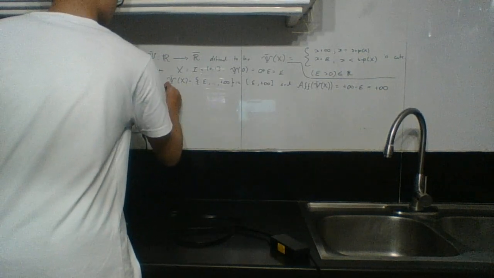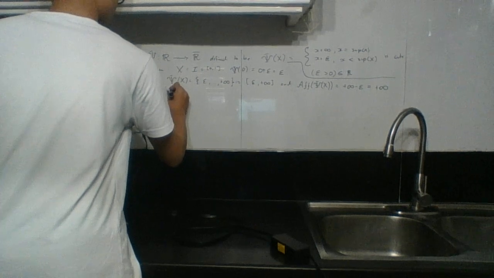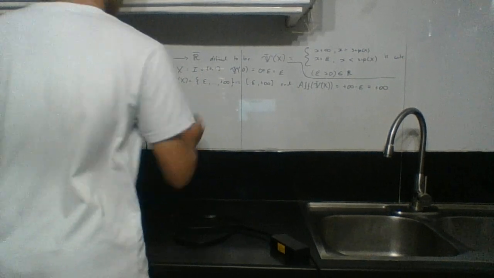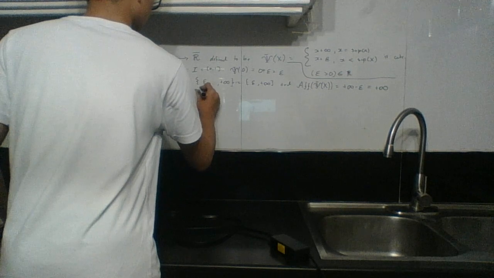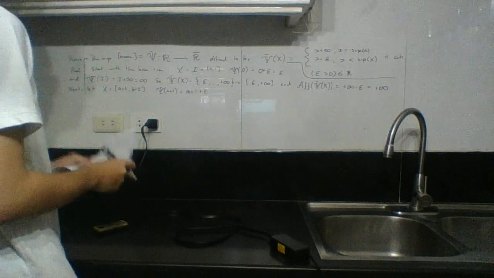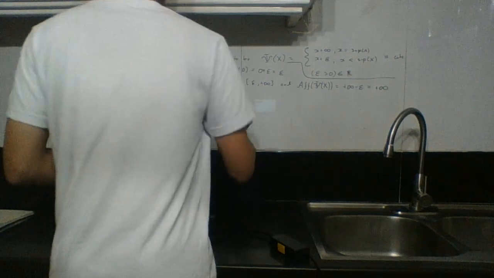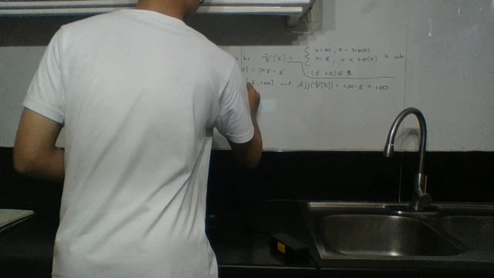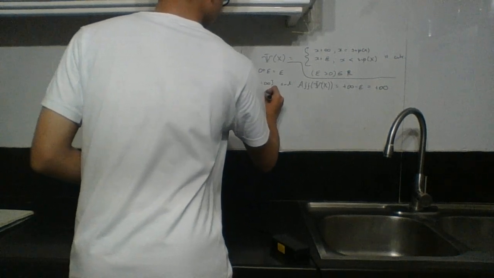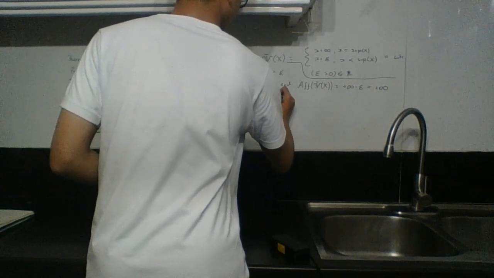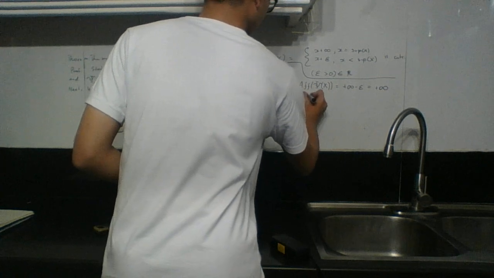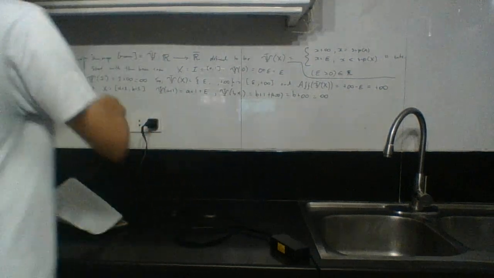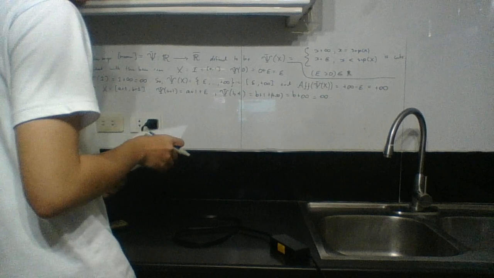So big psi of a plus 1 is equal to a plus 1 plus epsilon, and psi of b plus 1 gives us b plus 1 plus positive infinity, which is equal to b plus infinity, which is just infinity. And for any point in between these two, the same thing applies. They get shifted by epsilon.